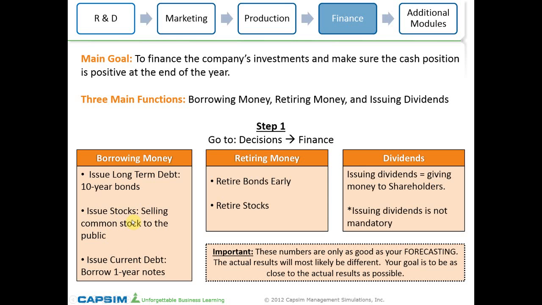I can also sell stock to raise money. Now, every time I sell stock, I increase the number of shares outstanding, which decreases my earnings per share. Remember that. That's going to be important when I show you my score sheet. When I sell stock, I also increase the equity that I have.